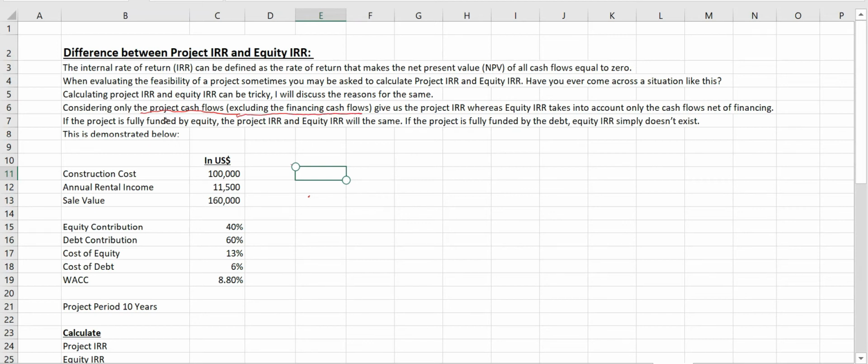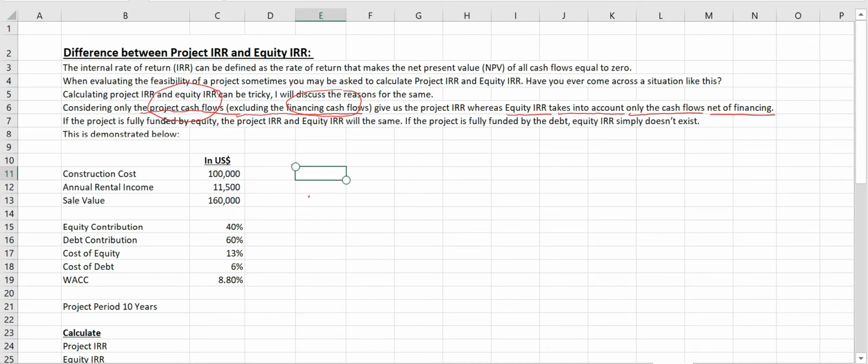So when you calculate the project IRR, the project cash flows should include all the cash flows excluding the financing cash flows. However, when you calculate the equity IRR, it takes into account only the cash flows net of financing. This is the main difference.